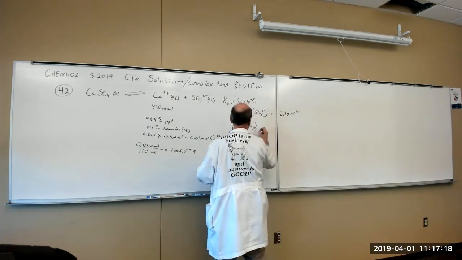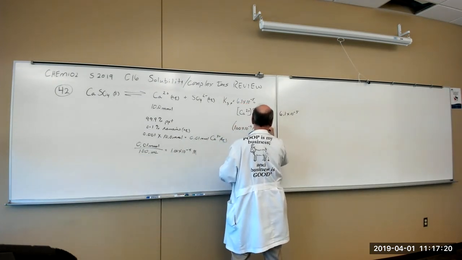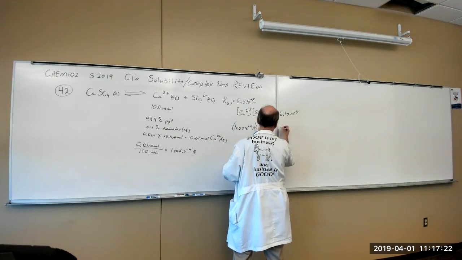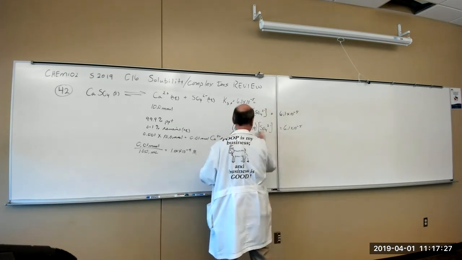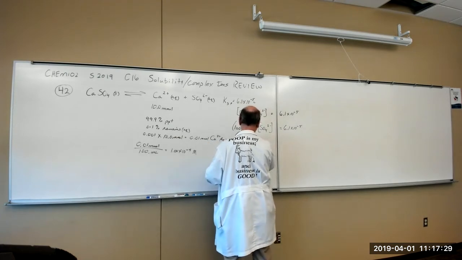There we go. And this is sulfate equal to this one. So we just need to divide that by that, and that gives us our sulfate concentration.